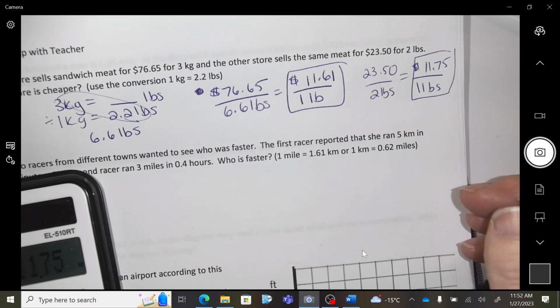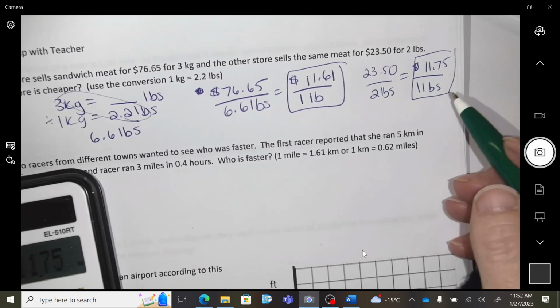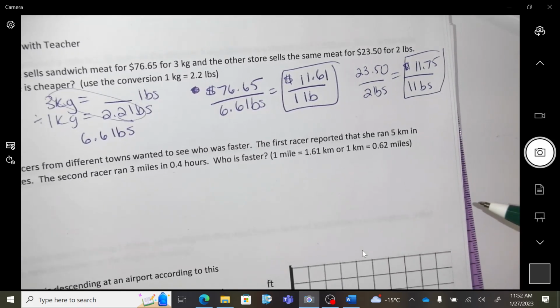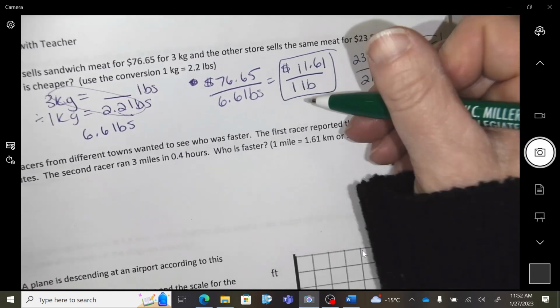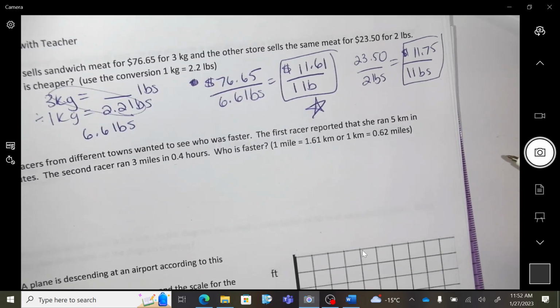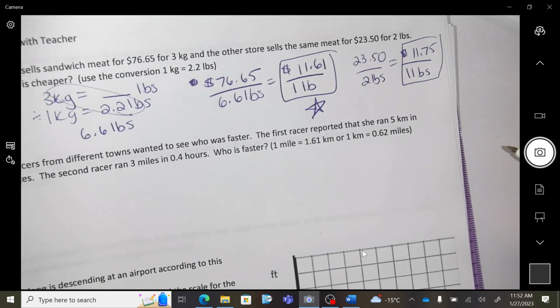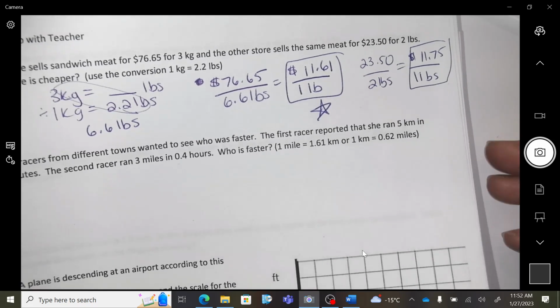So you have to get them into the same units. That's the biggest thing. Once you do, then I would say that's cheaper.